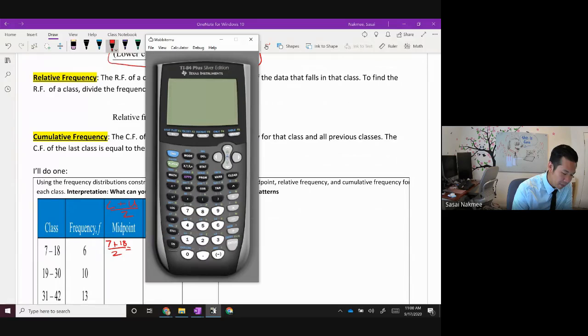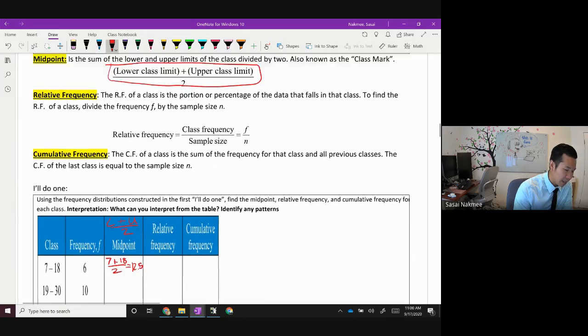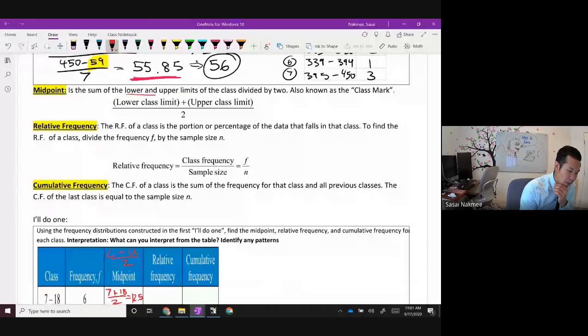So 7, turn on the calculator first. 7 plus 18, that's going to be equal to 25. Divide that by 2. And the midpoint for this is 12.5. And that's how you find your midpoint, right? You just add the lower and upper limits together and then divide by 2.